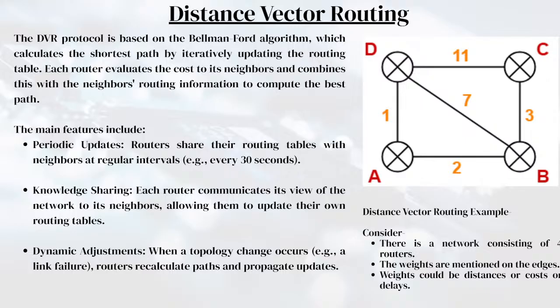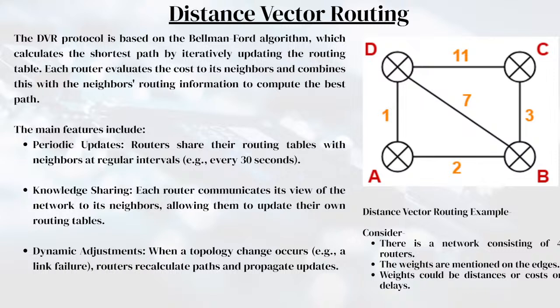Okay, each router evaluates the cost to its neighbors and combines this with the neighbors' routing information to compute the best path. So the main features included in distance vector routing are periodic updates, knowledge sharing, and dynamic adjustments.